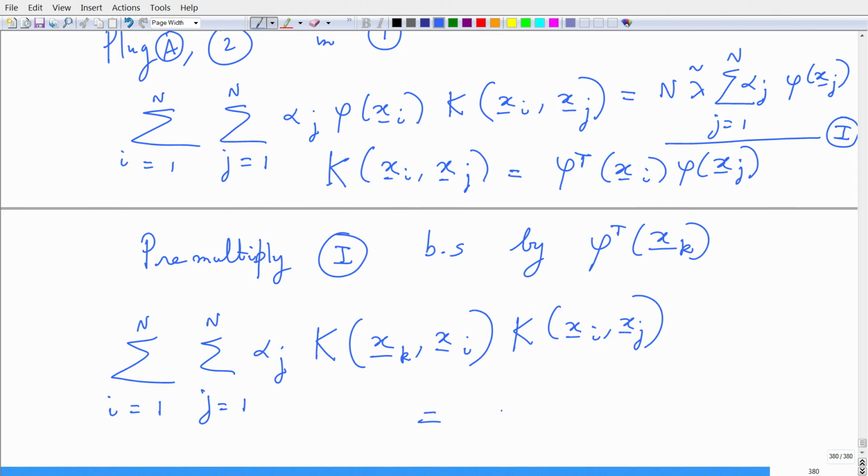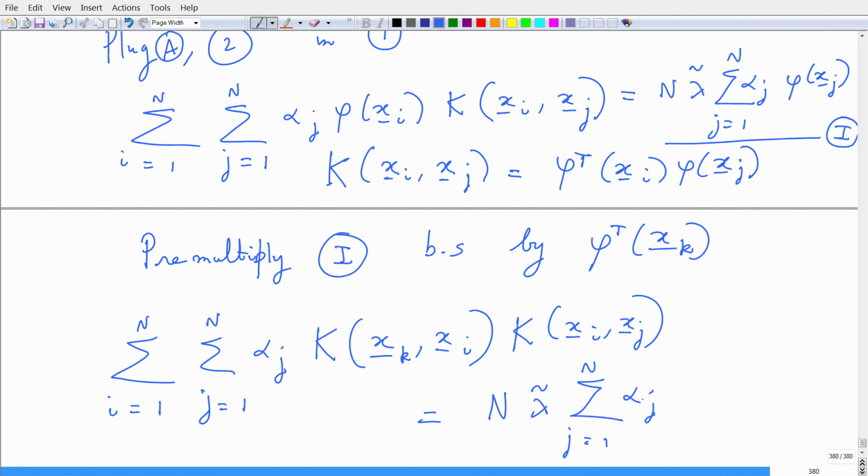In the right hand side of equation 1, when I multiply by phi transpose xk, I get n times lambda tilde, summation j equals 1 to n alpha j.